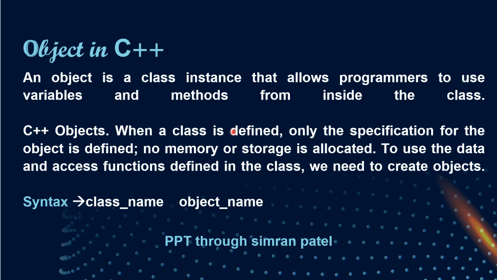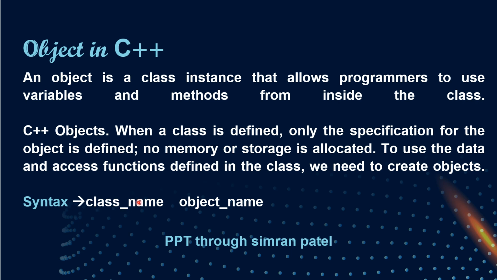So very simply, whenever we write a class and whatever we write in the class, no memory is allocated to use that data. So we need to access whatever is defined in the class. That's why we need to create objects. So the syntax of object is class name.